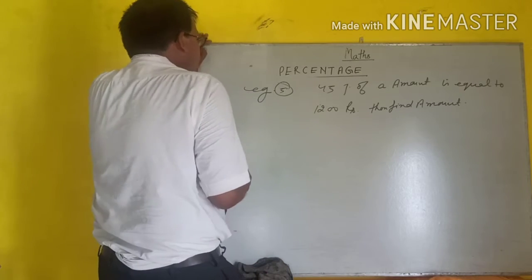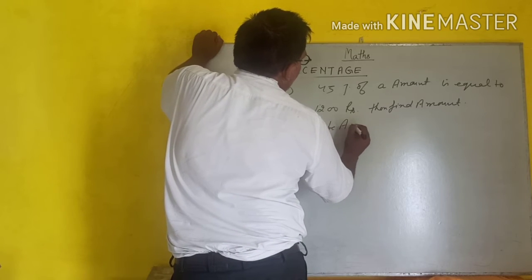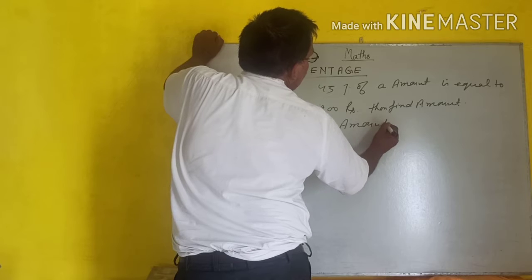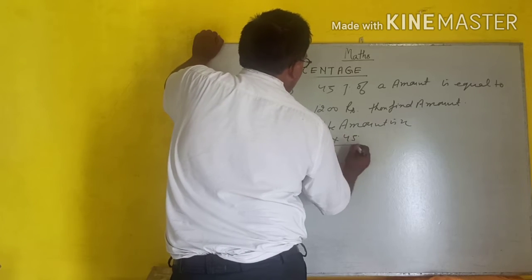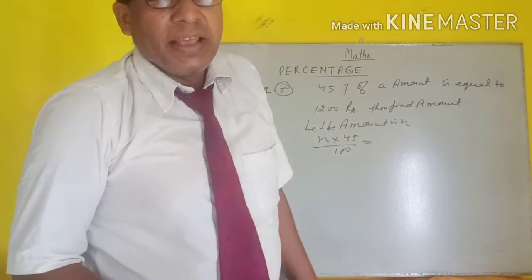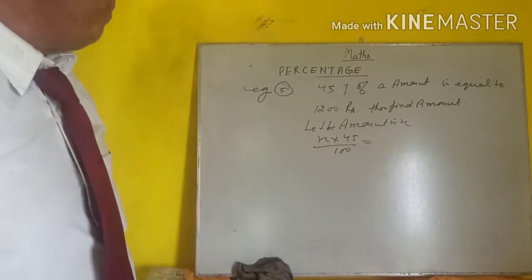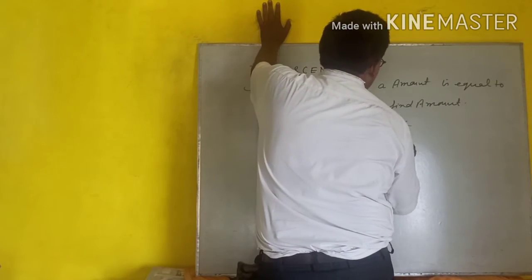See here, let the amount be x. x multiplied by 45 upon 100 is equal to 1200.